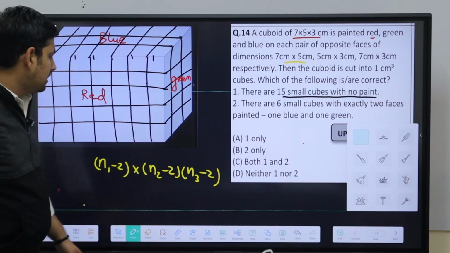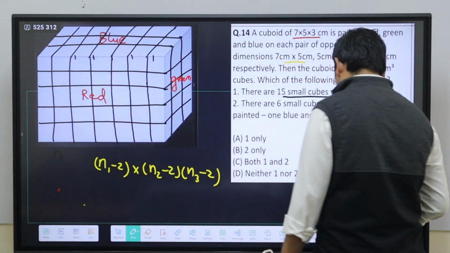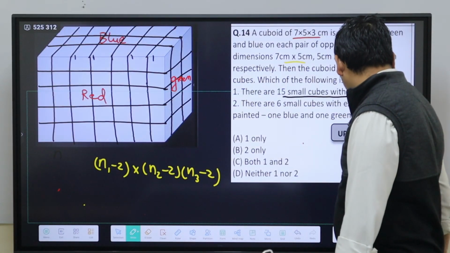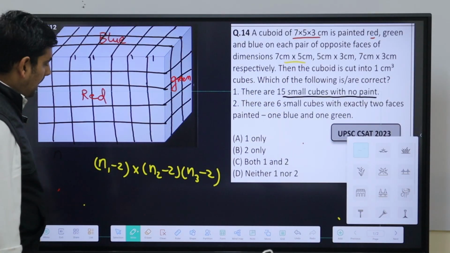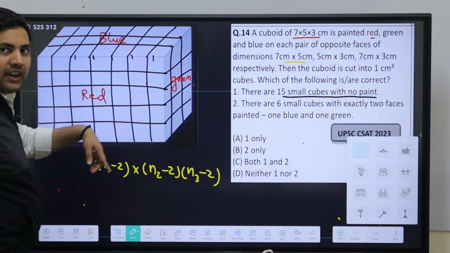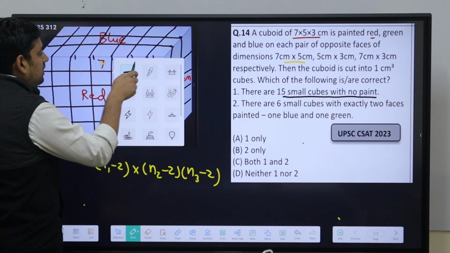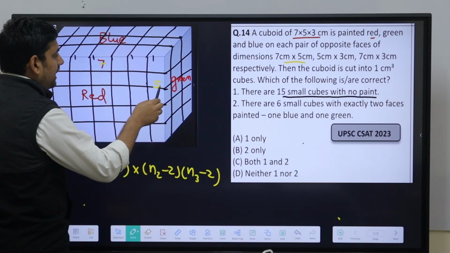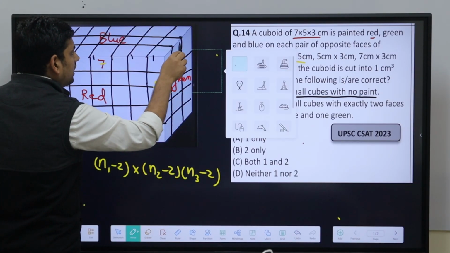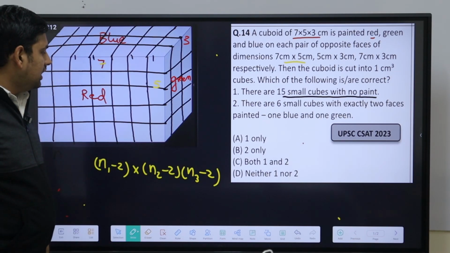Instead, we have this. Now, what are the lengths n1, n2, n3? You know n1, n2, n3 are equivalent to what here? They are equivalent to 7, 5 and 3. So this one is 7, this one is 5 and this one is 3. Correct? So 7, 5 and 3 are the 3 lengths.